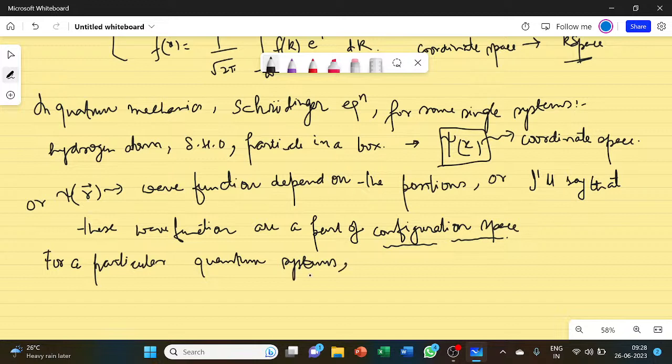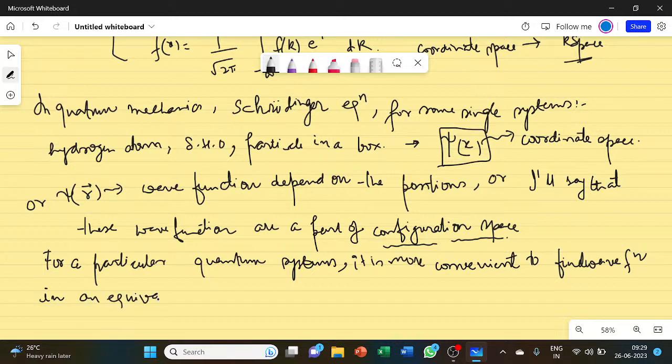It is more convenient to solve the Schrodinger equation, or to find the wave function, in an equivalent space called momentum space.